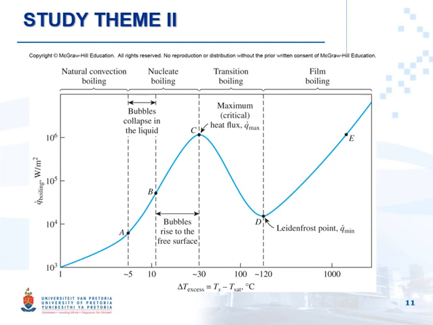Of course there are some differences, but the shape and trend are more or less the same. As you can see, the 4 regimes of boiling are natural convection boiling, nucleate boiling, transition boiling, and film boiling. Now we are going to discuss each of these regimes in detail. Let's start with natural convection boiling.